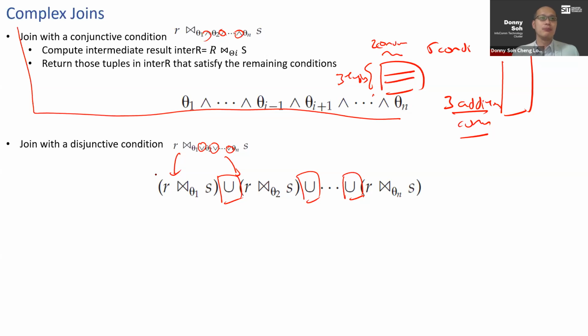To be frank, both of these, either at the theta condition or at the join conditions, are pretty expensive operations.